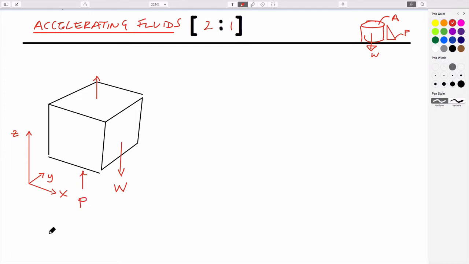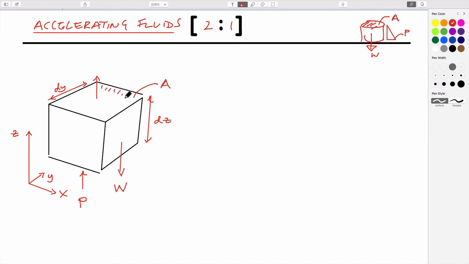We'll call this P. We'll call this height, instead of Z or H as we called it before, dz. We don't have to define these other dimensions, but this would be the distance in the y direction, and likewise in x, but we don't need that. We'll assume that the area of this face is A.